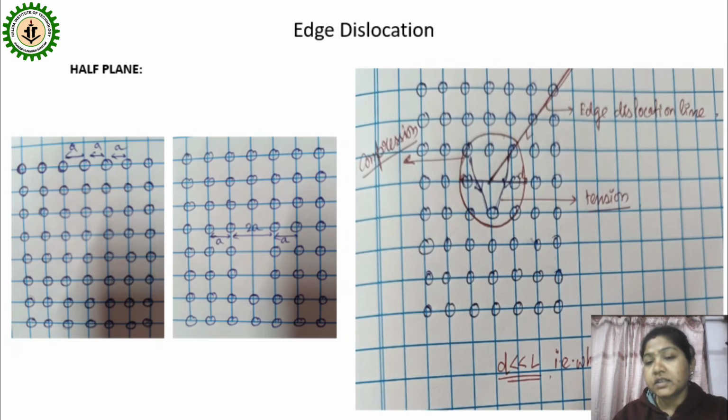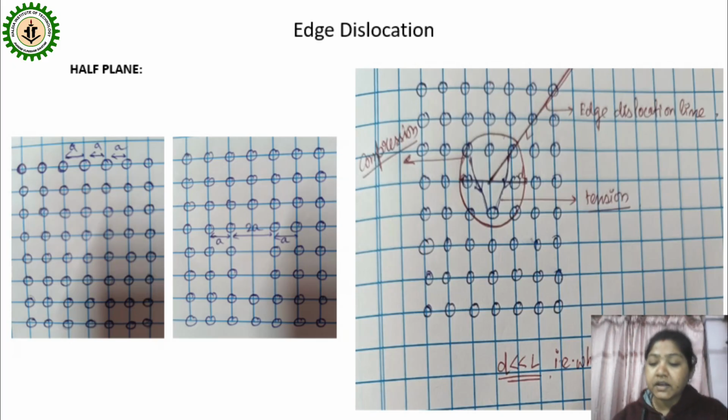Now if you consider 3D, the atom that is missing will be missing throughout the backside of the board, and it will continue to infinity. So the diameter of this distortion is very negligible compared to the length of the distortion. So that's why it is called a line defect.